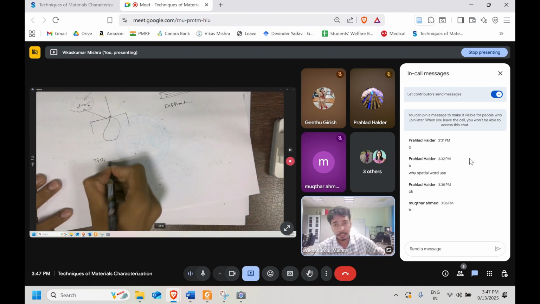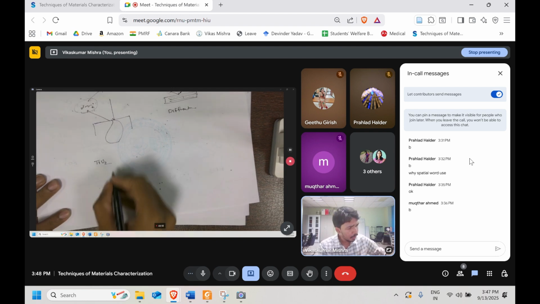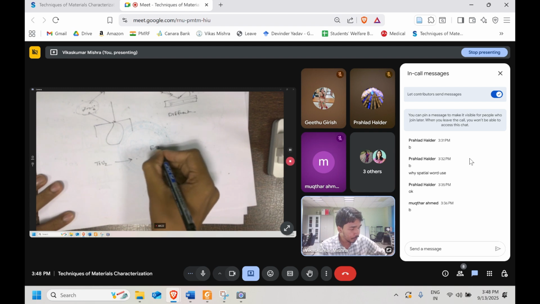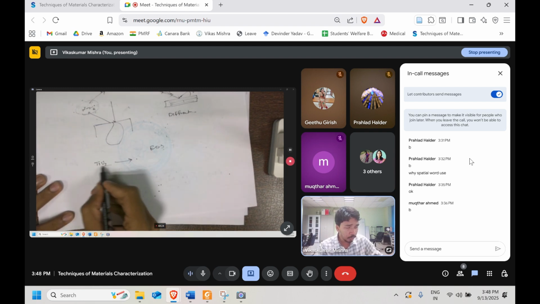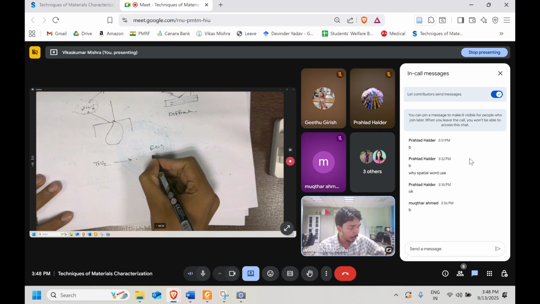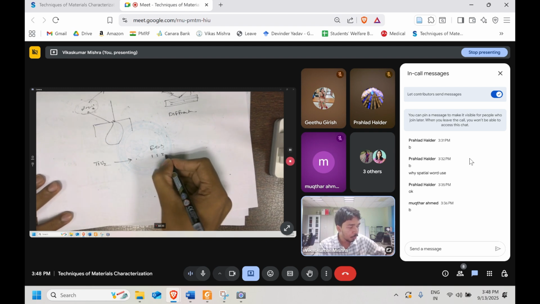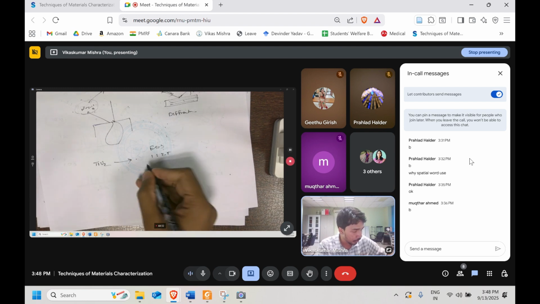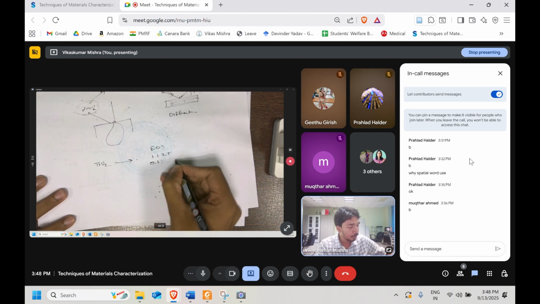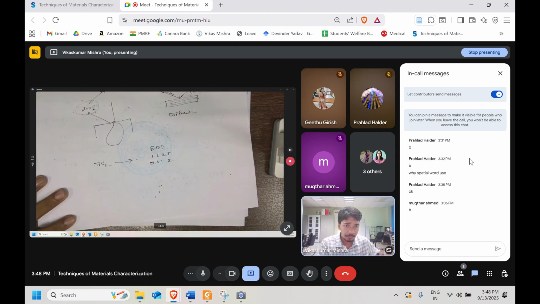Let's say our starting material is TiO2. You did the EDS of it. Their ratio should be 1:2, but in the EDS what you are getting is that the ratio is a little bit deviating, 1:2.5. Sometimes you are focusing it and it's like 0.8 to 2, something like that.